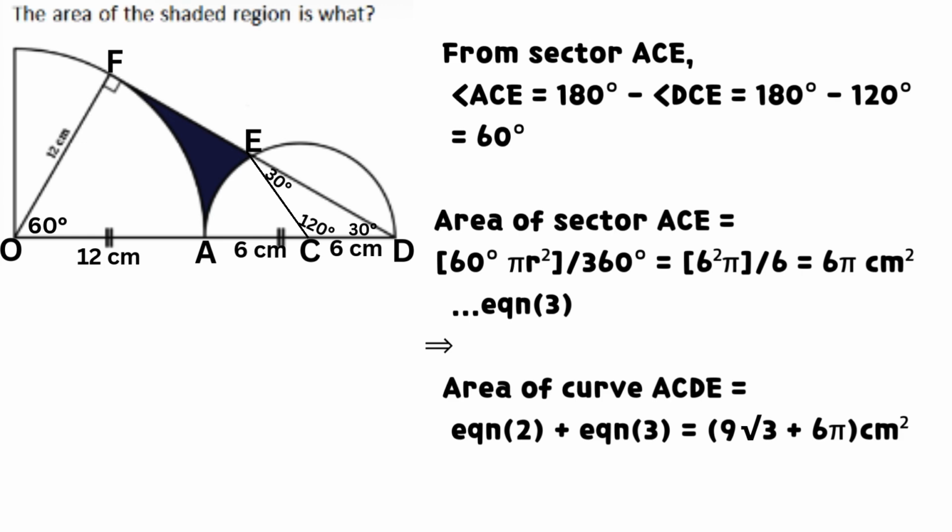We call it equation 3. It implies that area of curve ACDE equals the sum of equation 2 and equation 3, which equals the product of 9 and the square root of 3 plus the product of 6 and pi in square centimeters.